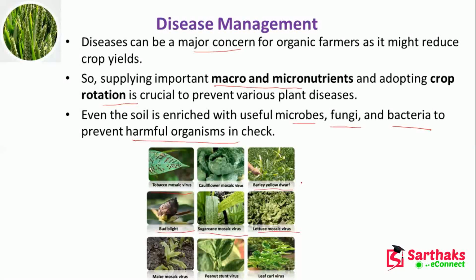So you can see a lot of viruses are affecting our plants and our crops, and they will destroy whatever we are going to do. So we have to think about disease management, and before that, we need to know what are the different diseases that can happen with the plants.